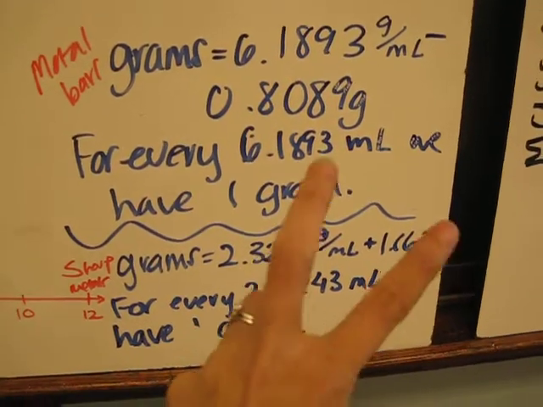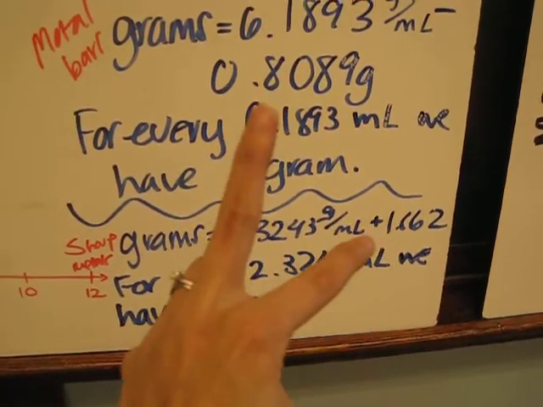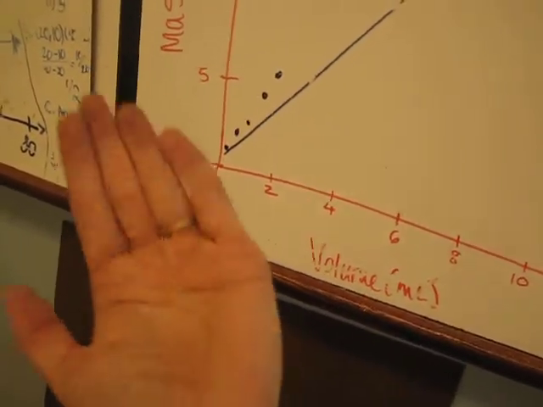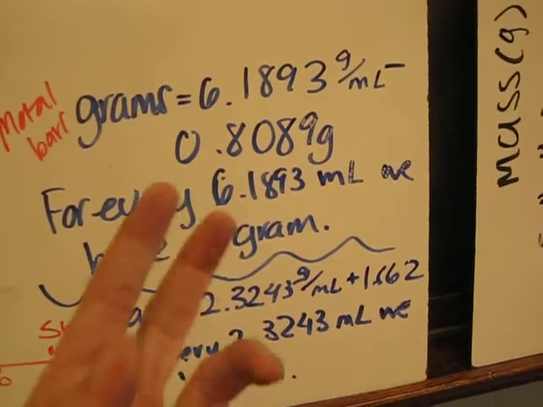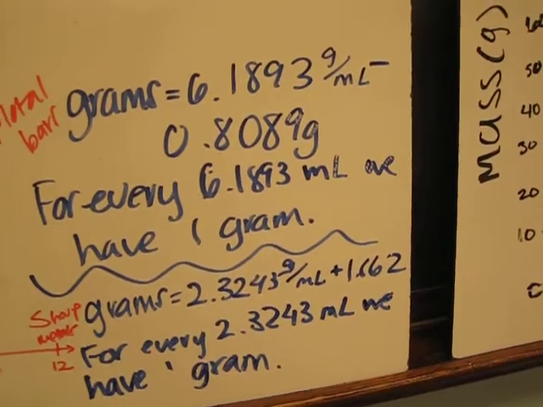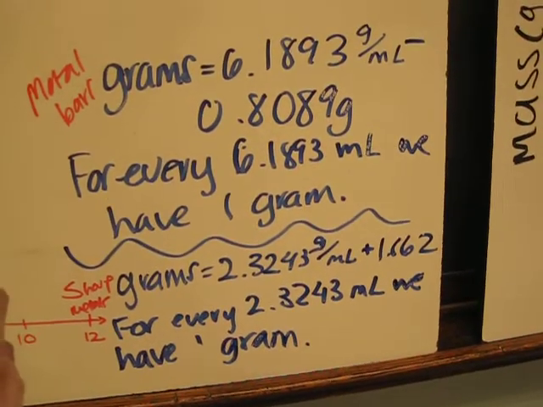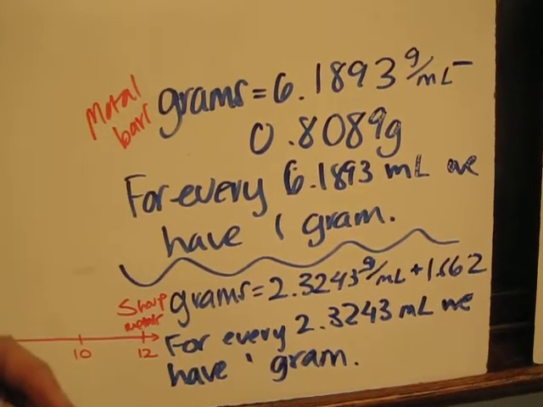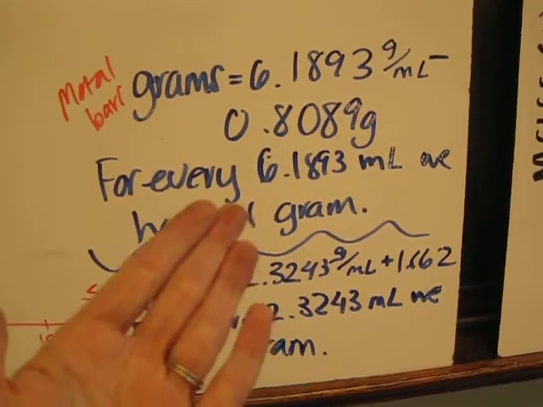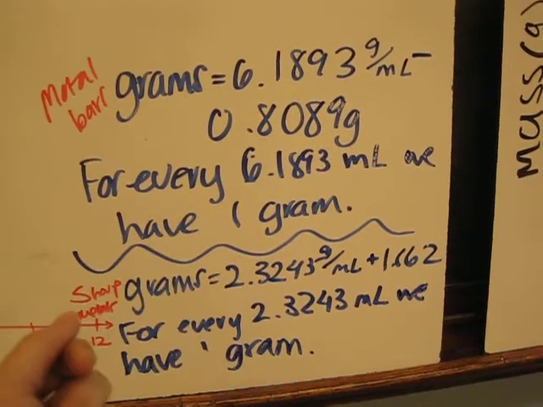We can see that there's some error in their lab because their y-intercepts weren't exactly 0, and if we have 0 volume, we should have 0 mass, so our y-intercepts should be 0. But they're pretty close, and actually these are very, very close to the actual value of these slopes, the density of these two metals.